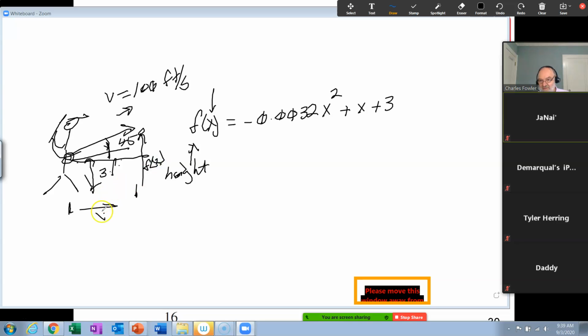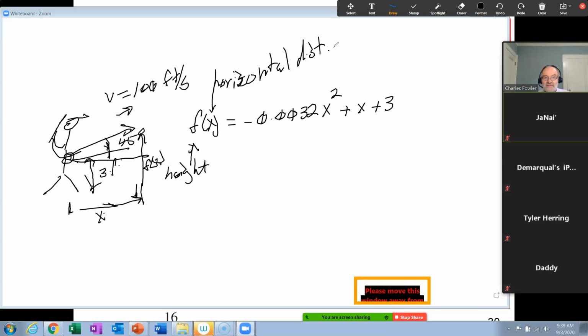For this x, right here, this would be the ball up here. Okay, so this is the horizontal distance. I can't write. This pen doesn't do too well with writing. That's your x from home plate, in feet.